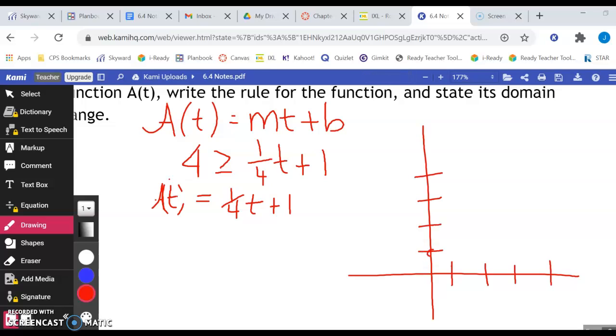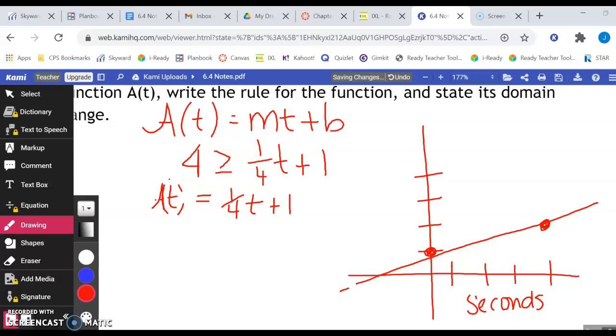So our y-intercept is 1, and our slope is 1/4, so we're going to go up 1 and over 4. And then when I draw the line, that's where we have to think about that 4. We can't go over 4 cups in our pitcher. So t, which is really the x value, that was our time.